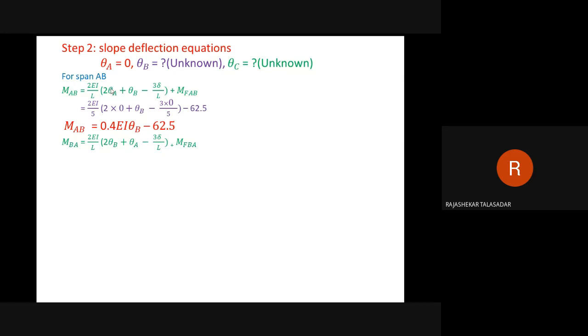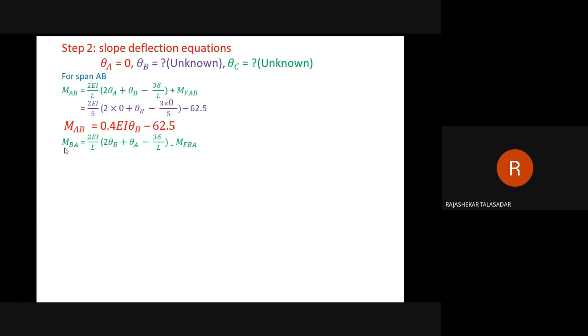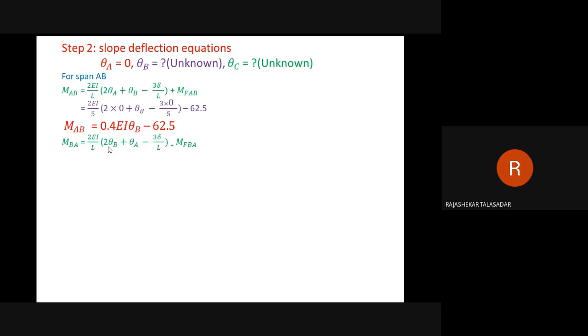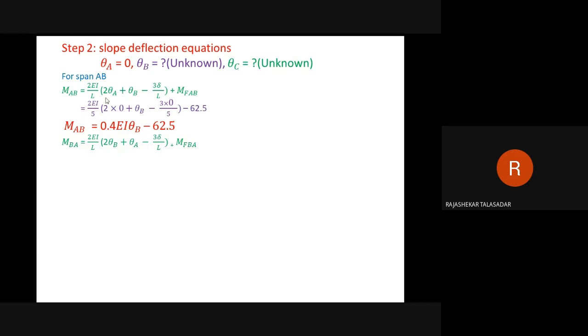Here, first left end, second right end. Here, BA means first right end, second left end. This is clear. If it is 2 theta A, here 2 theta B. If it is theta B, here it will be theta A. You can see here A and B, but here B and A. Next, plus MFBA.